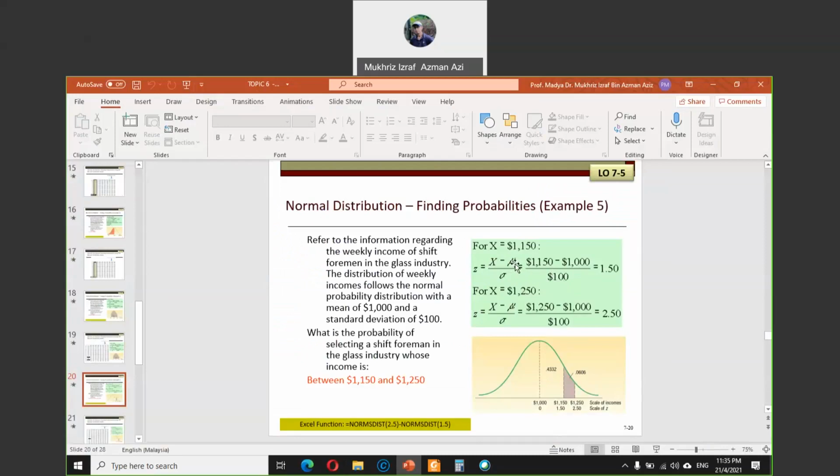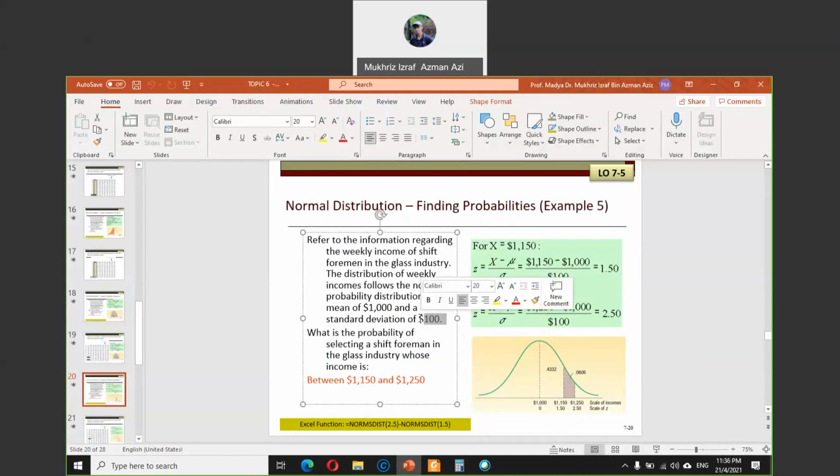Mu is the population mean. When you refer to the question, you should know the value of the population mean, mu. It is stated clearly here: the income follows a mean of 1000, so the mean is referring to mu. Sigma is very straightforward; the standard deviation is the sigma value. And the value you want to calculate will be the X value.